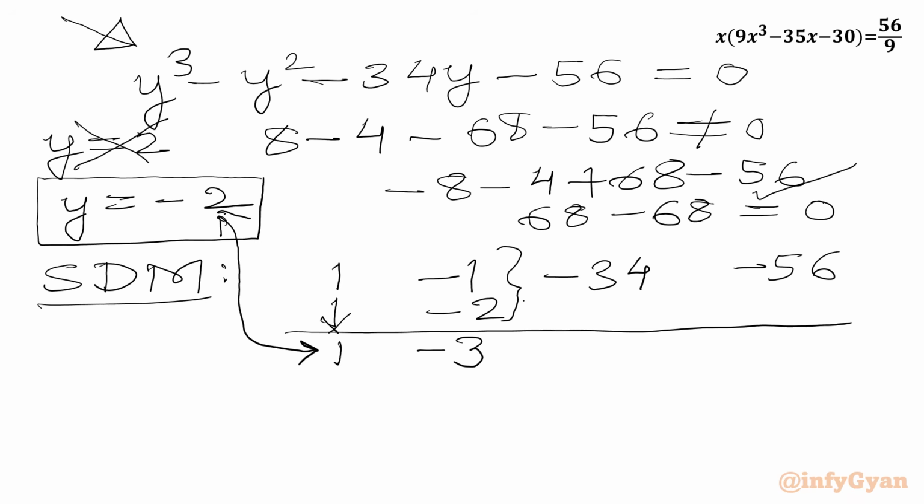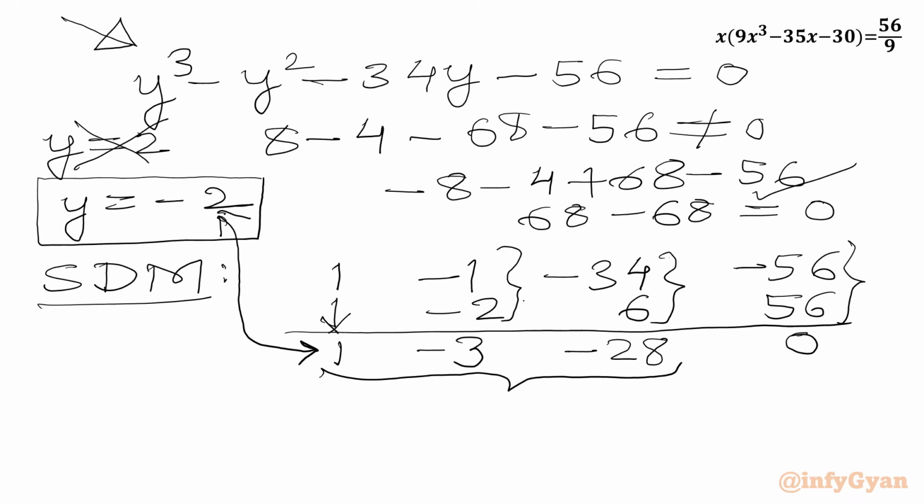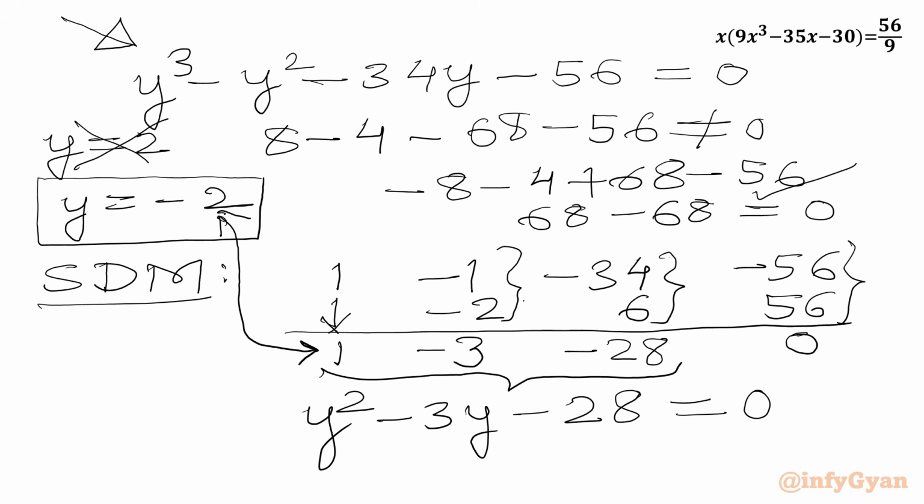Minus 2 times minus 3 is 6. By adding these two, we'll write here minus 28. Minus 2 times minus 28 is plus 56. By adding these two numbers, we are going to get 0. So these are coefficients for quadratic equation. We will write y square minus 3y minus 28 equal to 0.